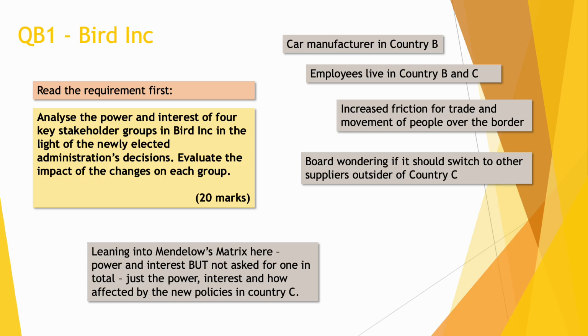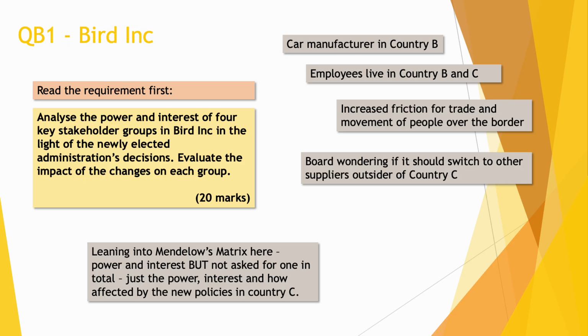It wants you to just evaluate the impact of the changes on the group. So what this government is doing, what impact will that have on the different stakeholders? So you're not being asked, keep informed or keep satisfied or key players. That's irrelevant. That's not what you're being asked for. So be really careful with these requirements.